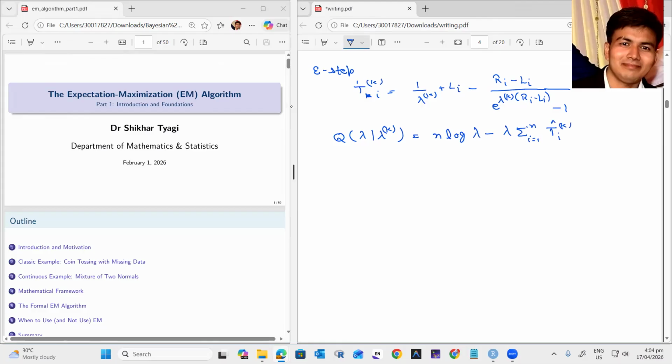All right, and the corresponding M step was: lambda at the (k plus 1)th iteration equals n upon the summation over i goes from 1 to n of Ti cap at the kth iteration.